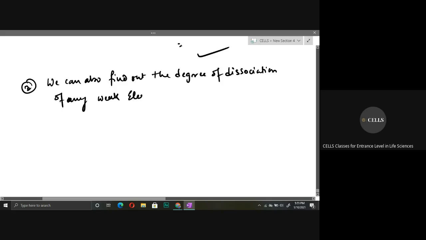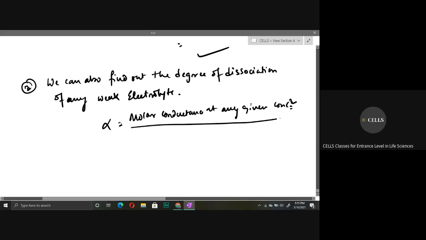So alpha will be the molar conductance at any given concentration divided by the molar conductance at infinite dilution. Don't worry, they will give you these two values. They will give you the molar conductance at a given concentration, and they will also give you the value of the molar conductance at infinite dilution.